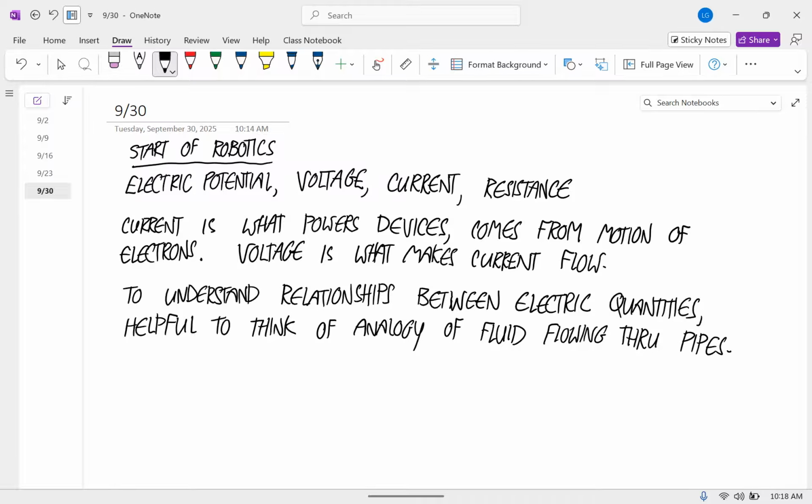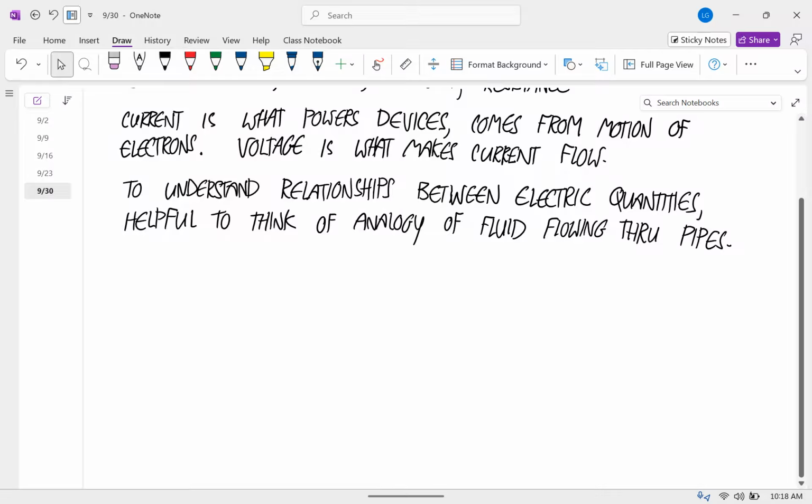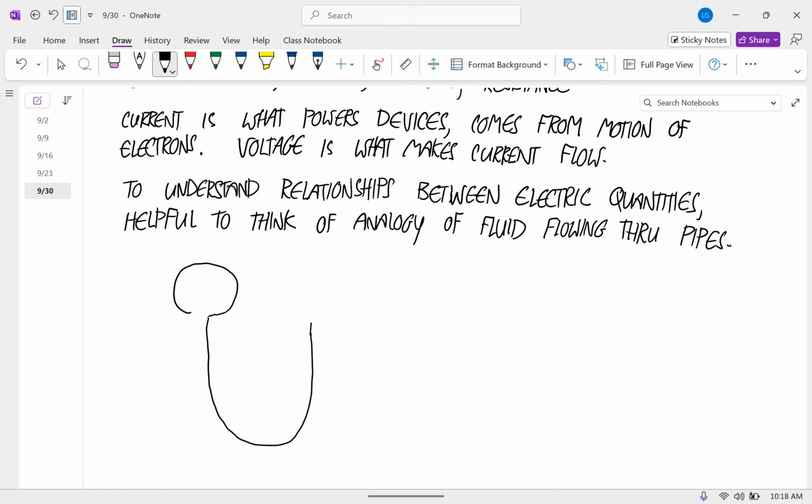Okay, so here's what we're going to think of. We're going to think of a setup like this.